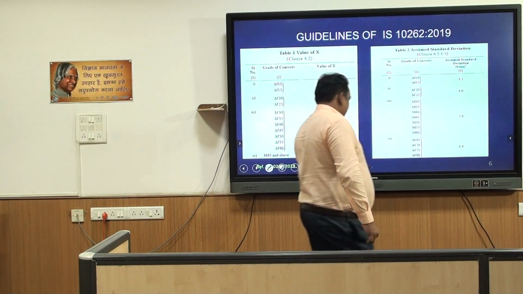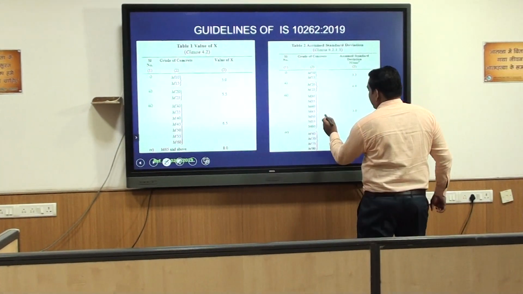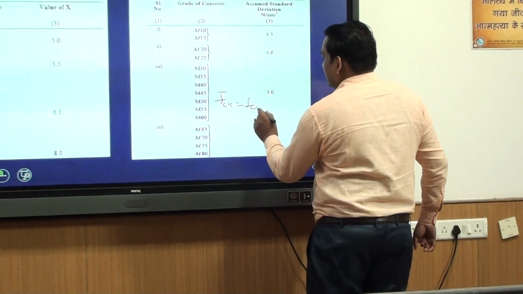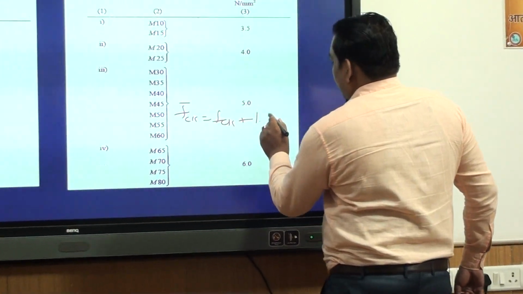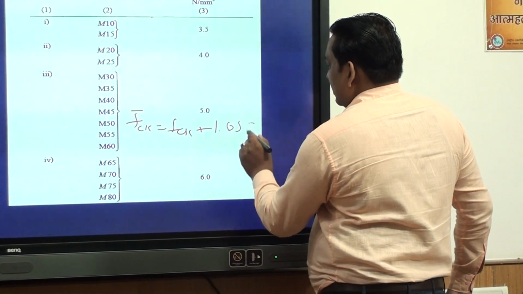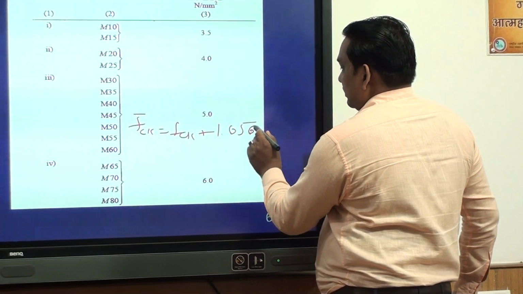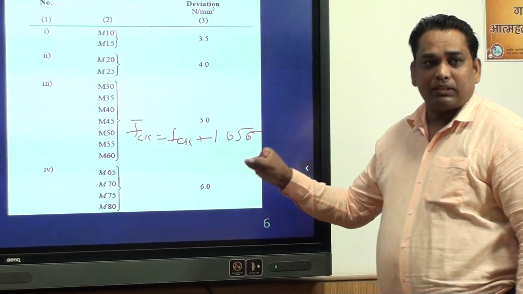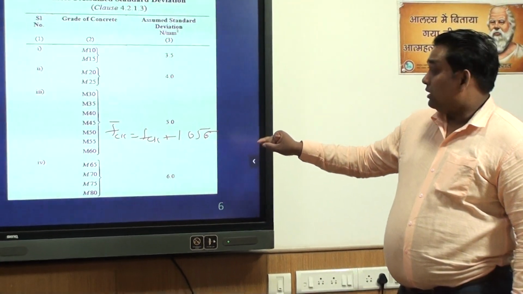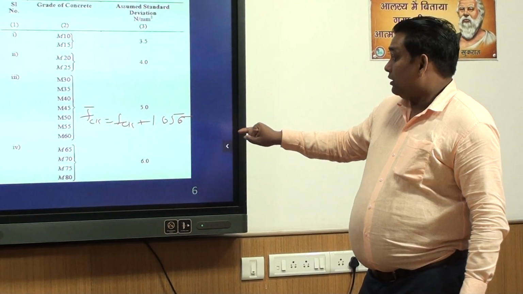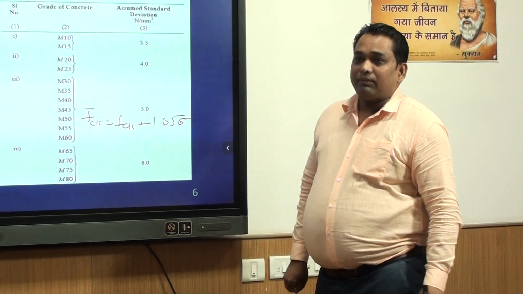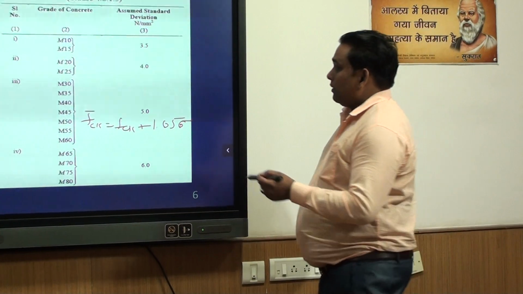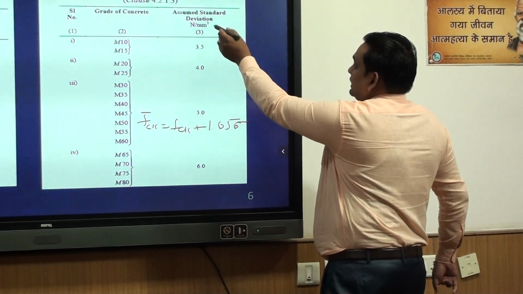Earlier we were using f'ck equal to fck plus 1.65 sigma. fck is the average compressive strength of the concrete after 28 days, and sigma is the standard deviation. From this table we can get the value of assumed standard deviation.